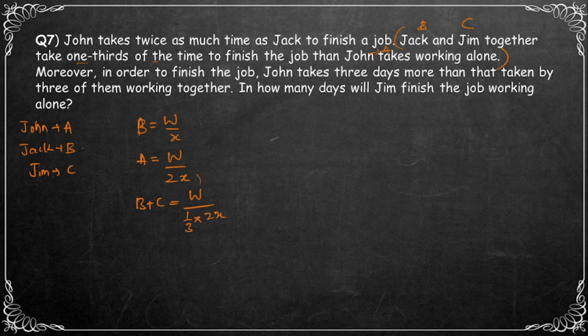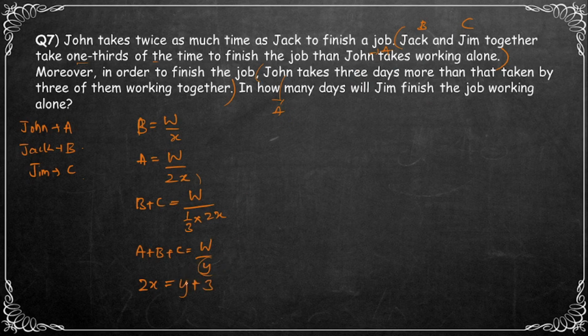So done. Next, in order to finish the job, John takes 3 days more than that taken by all three of them working together. Let's say all three of them working together complete it in y number of days. Now they are saying John, which is nothing but A, so the time taken by A is 2x. Time taken by A is 3 days more than ABC working together, so y plus 3.